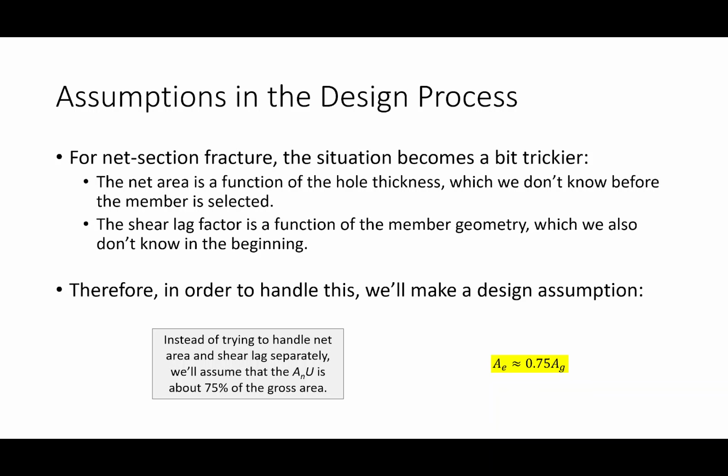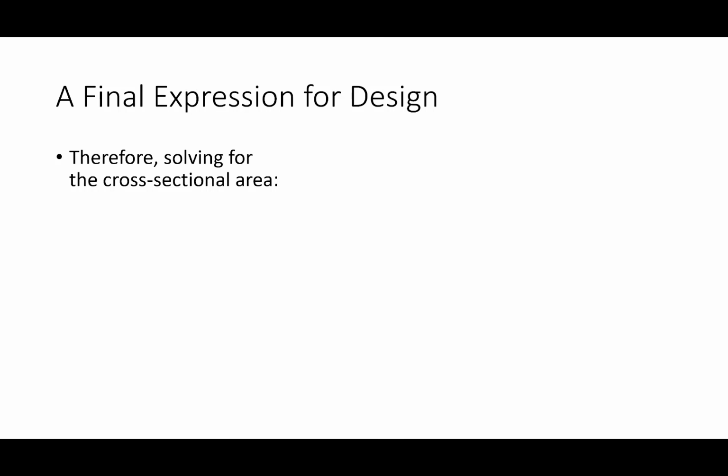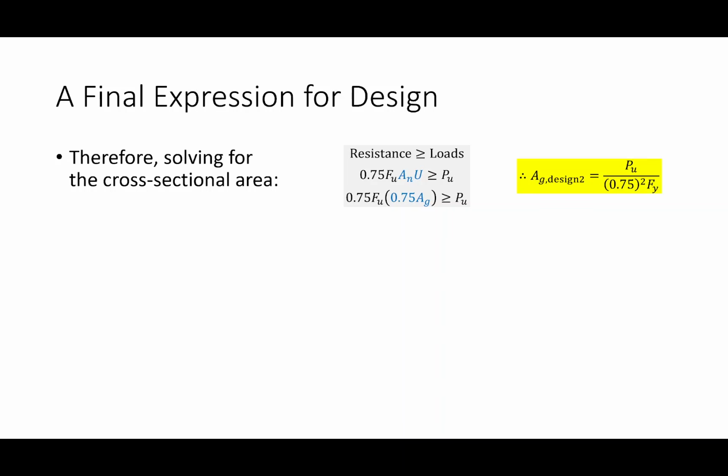And if you don't believe it's a reasonable assumption, just take a look at all the homeworks that we've done so far. Calculate net area times U and calculate 0.75 times the gross area. They're not that far apart, okay? They're not the same, but they're close. So therefore, if we have that the resistance is greater than or equal to the loads, I am replacing this quantity with 75% of the gross area, and now I'm just going to solve for the gross area, and I get this.